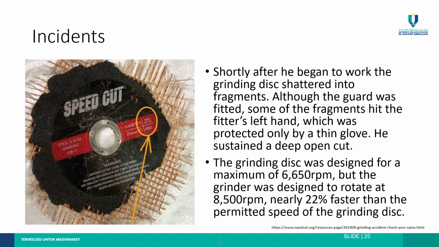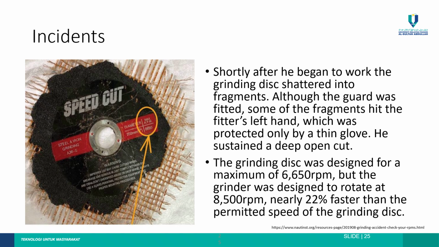The problem is the grinding disc was designed for a maximum of 6,000 RPM, but the grinder was designed to rotate at 8,500 RPM, which is nearly 42% faster than the permitted speed.